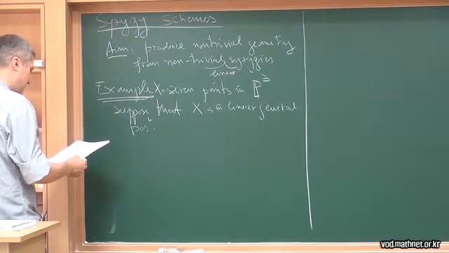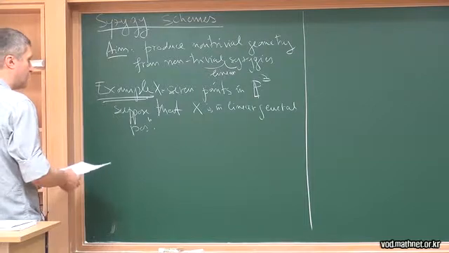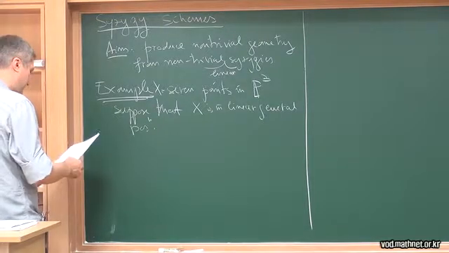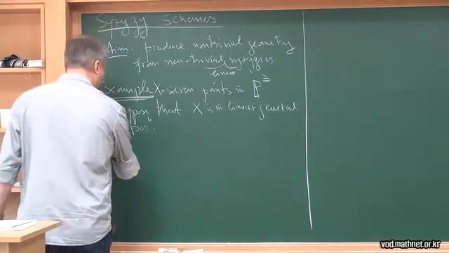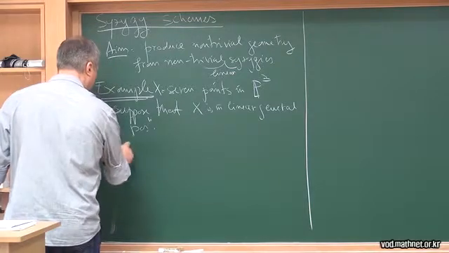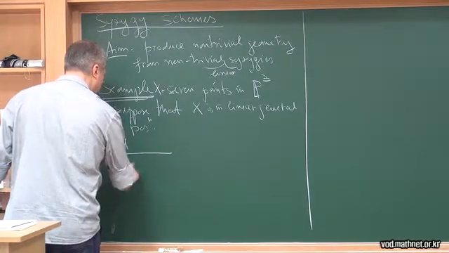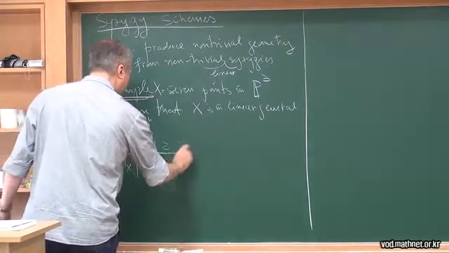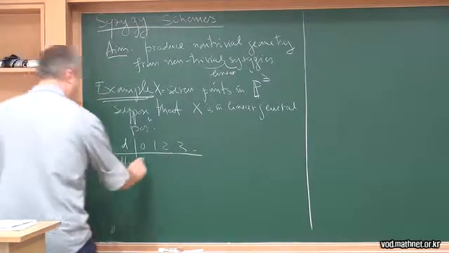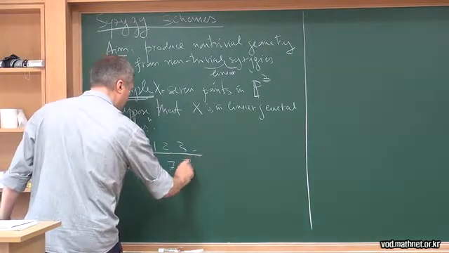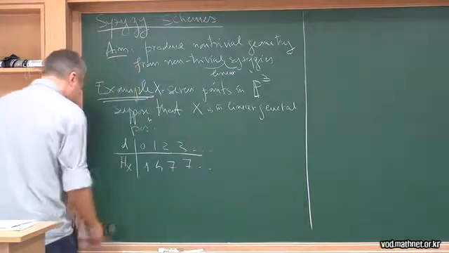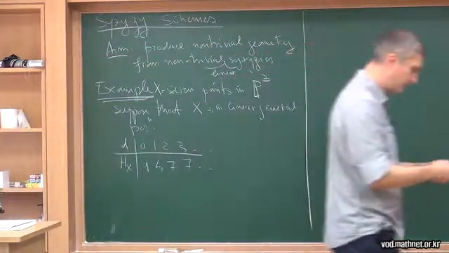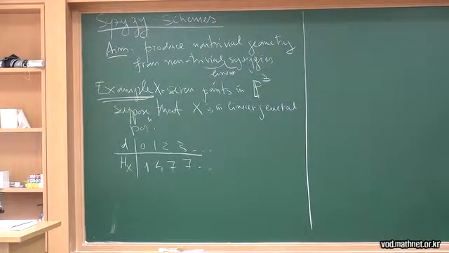And then the Hilbert function h_X is the following. So we have d, h_X(d), with d equal to 0, 1, 2, 3, and so on. So we have 1, 4, 7, 7. Okay.